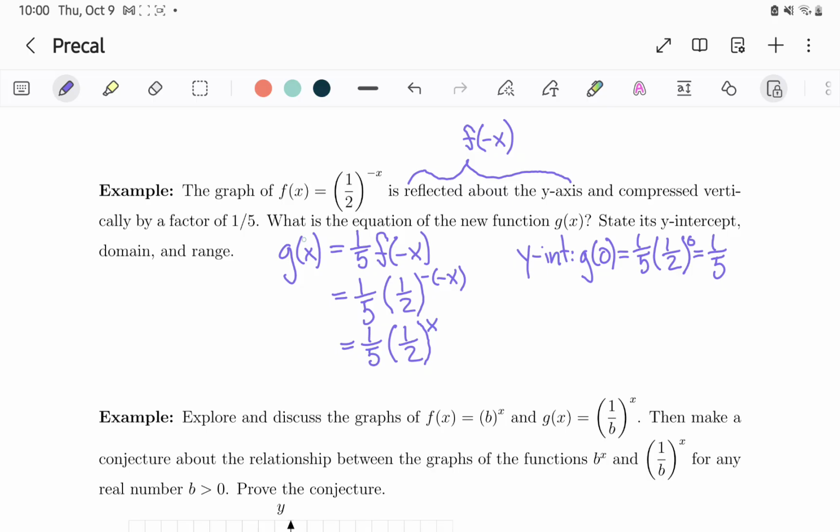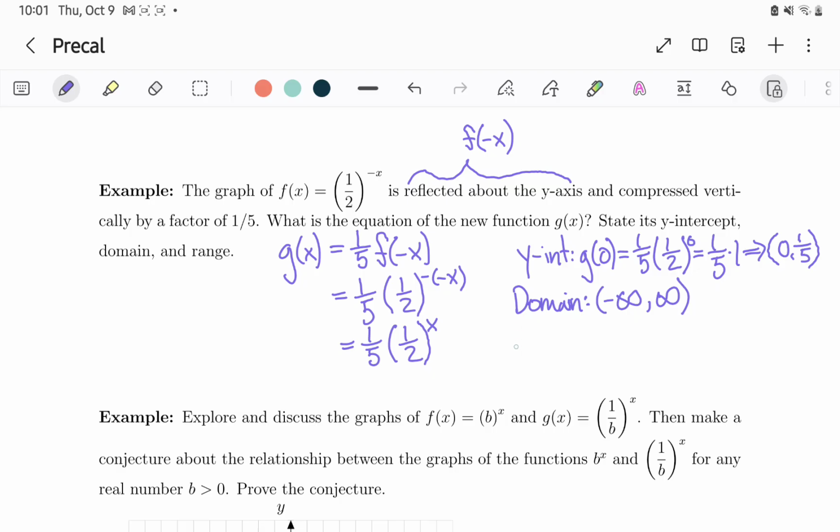And since g of x is just a vertical compression of f of x by a factor of 1/5, the y-intercept for g of x is going to be 0, 1/5. Okay, and then the domain is going to be all real numbers still, since g of x is an exponential function, so minus infinity to infinity.